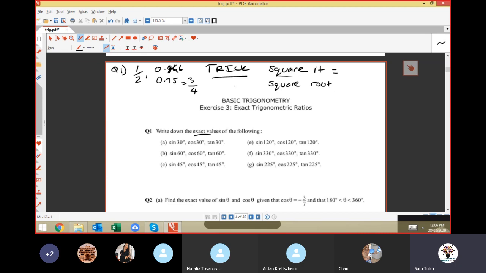So it's not just square root, it's called mentally square root, which means that you're more doing it in your head. So the mental square root of 3 is root 3, square root of 4 is 2. So the answer we're looking for is root 3 on 2.